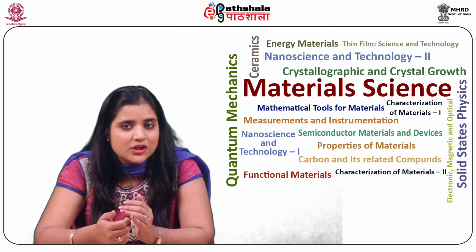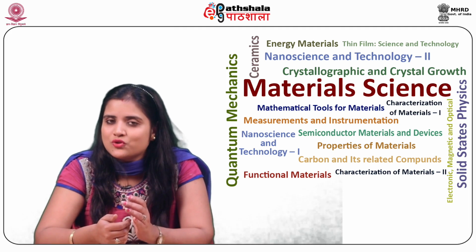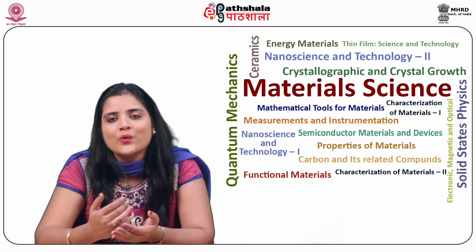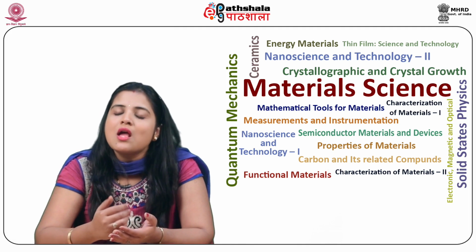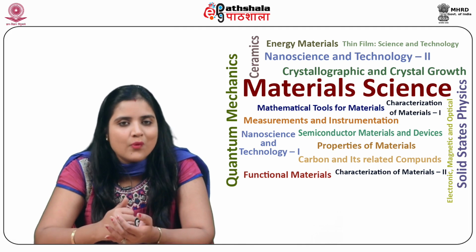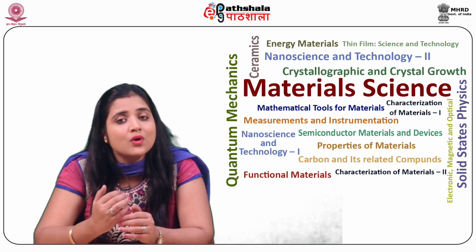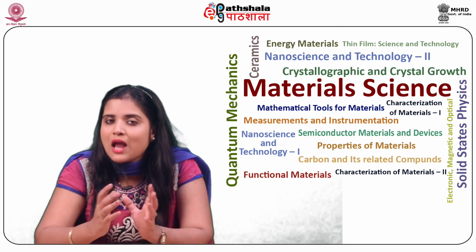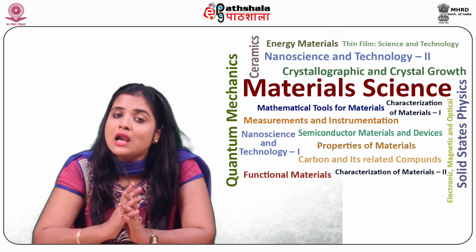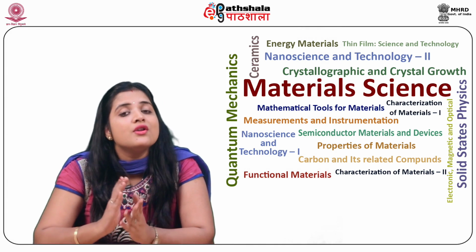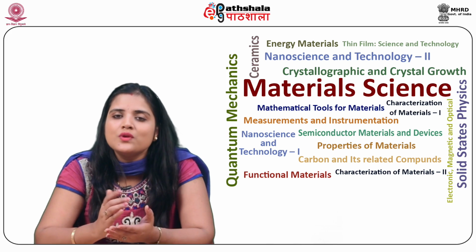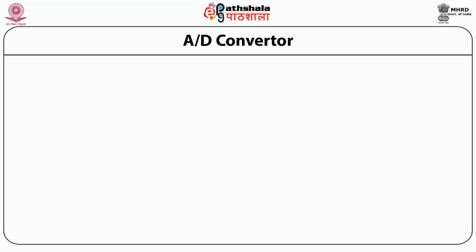The reference voltages are thus equal to plus V by 4, plus V by 2 and plus 3V by 4. The corresponding analog to digital converter will convert the analog voltages lying in the range of 0 to plus V into digital. Let us now discuss the circuit of an A to D converter.